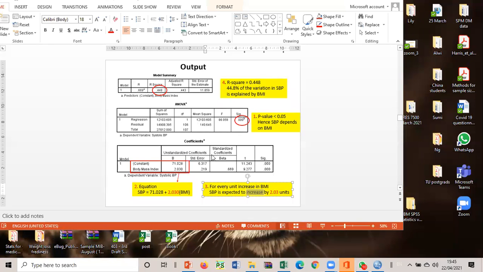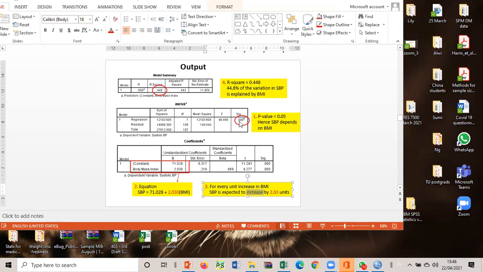So we know it's non-zero. Let's see how much the B is. That's the B, right? What's the B value? 2.303. And look at the p-value. The p-value is less than 0.01. Therefore, the slope is not zero. If this p-value is more than 0.05, the slope is close to zero.